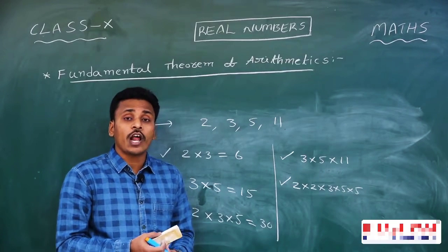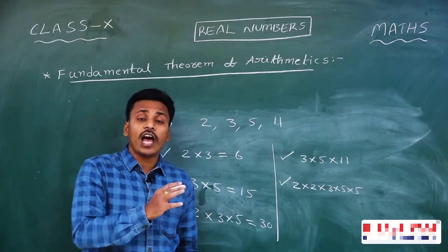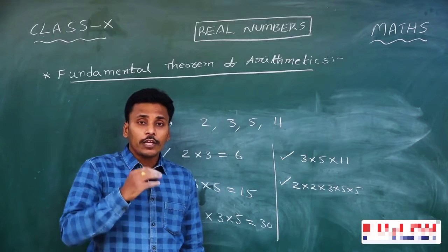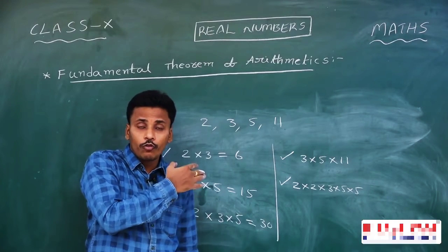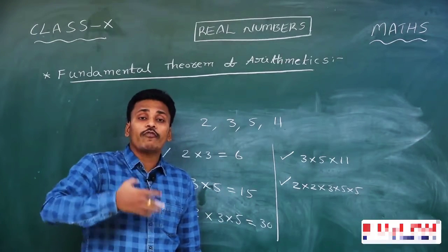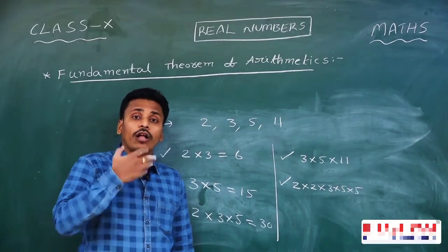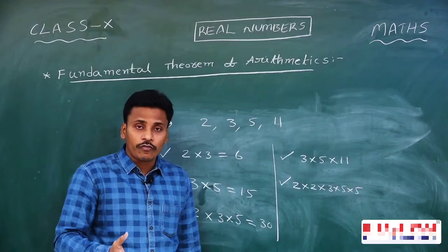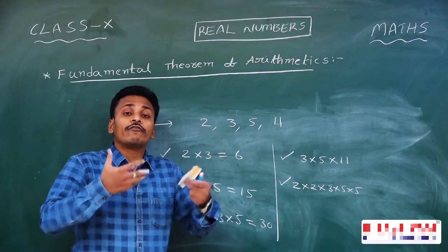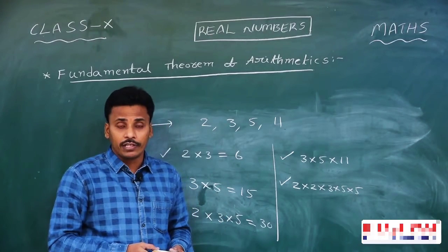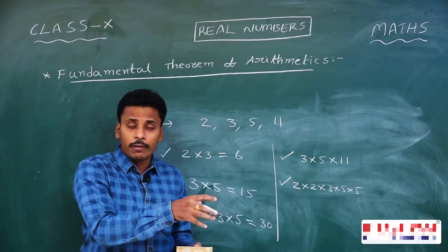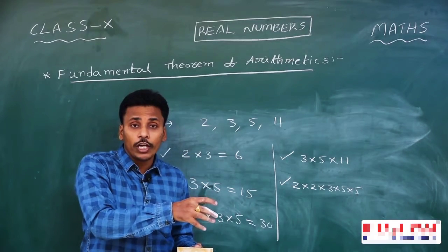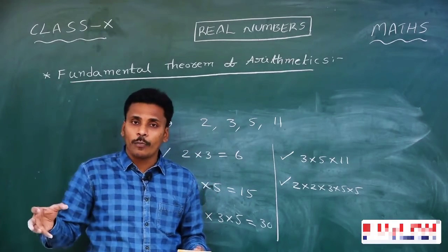But actually how many primes are there? Actually there are infinite primes. If you multiply all those infinite collection of primes in all the possible ways, by taking any prime number any number of times, they will generate an infinite collection of composite numbers. Is it clear? We have infinite primes and we are going to generate an infinite collection of composite numbers.